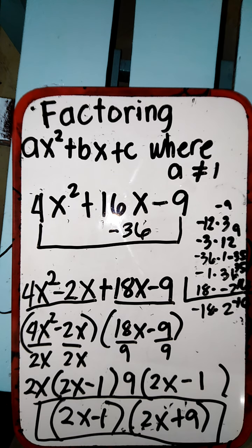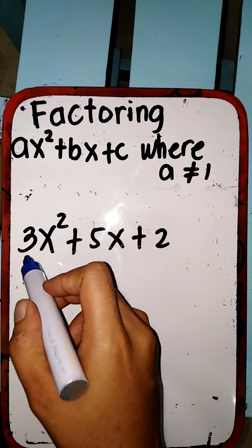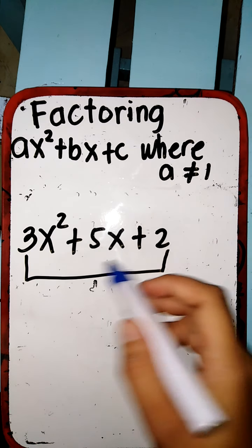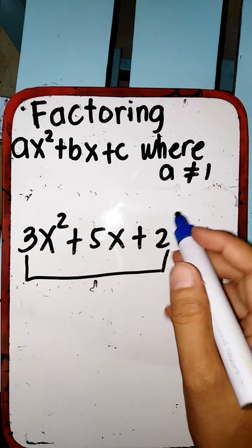I will give you another example. Now we have 3x squared plus 5x plus 2. Again, what is the first step? First, multiply the a and c. So we have 3 and 2. What is the product of 3 and 2?